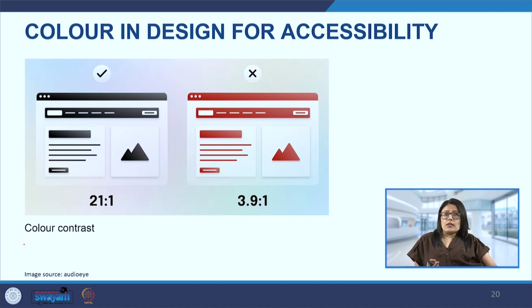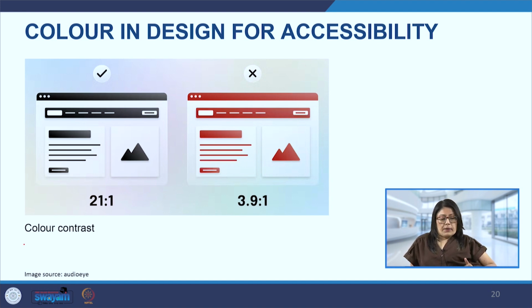Now we can see here that on the left, black and white has a contrast of 21 is to 1, and on the right, between red and white, the contrast is 3.9 is to 1. So we know that 21 is to 1 is a much higher contrast as compared to 3.9 is to 1.